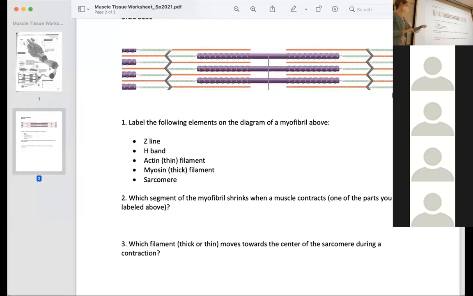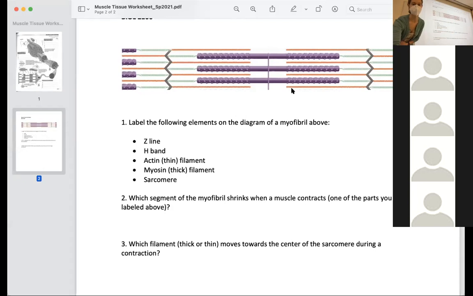Okay, I should have reworded this, but we'll say which segment of this myofibril disappears when a muscle contracts. So a couple different pieces shrink. What segment disappears? The H band, yeah. So the H band in the middle completely disappears. So the actin filaments are actually overlapping each other in a contracted muscle.